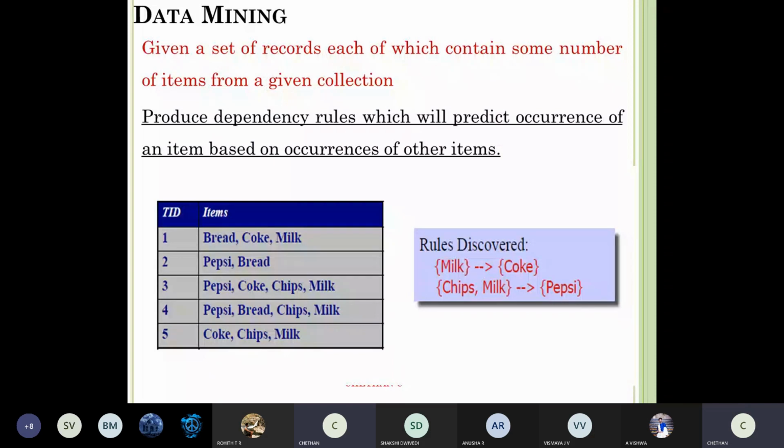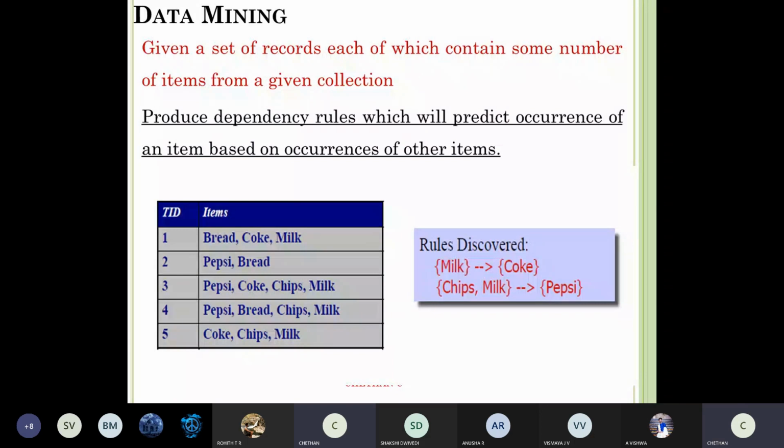Okay, next, the fifth one, Coke, chips, milk. So where do you think I have milk? I think I have milk in 4 places: 1, 3, 4, 5. In these 4 places, what are the things that are most common to me? I think Coke is common in 1, then 3, then of course 5.